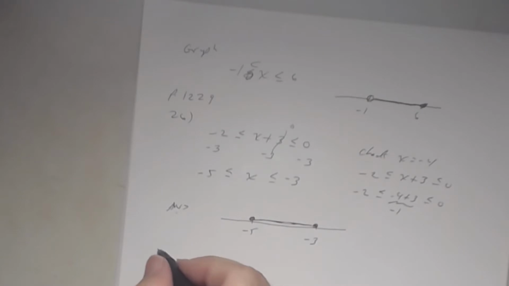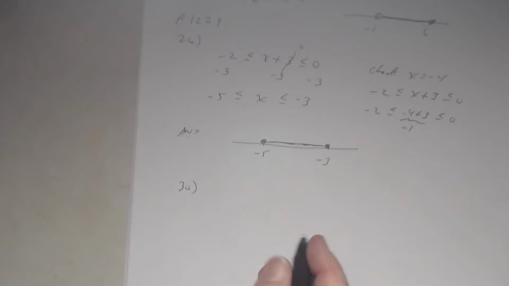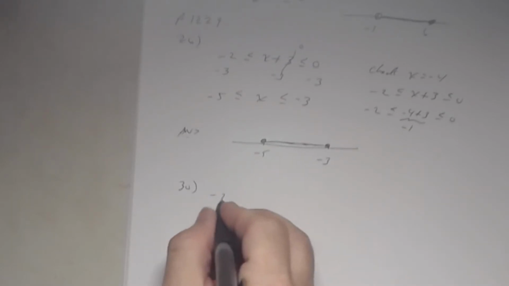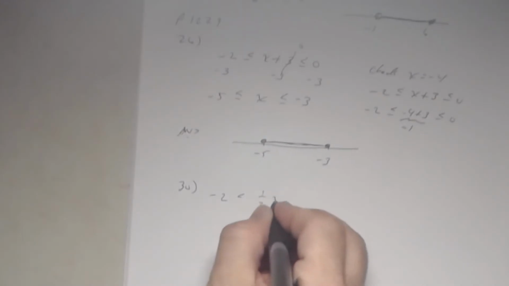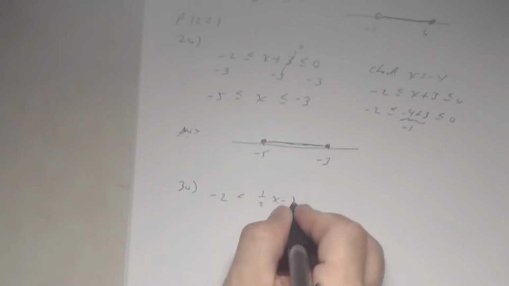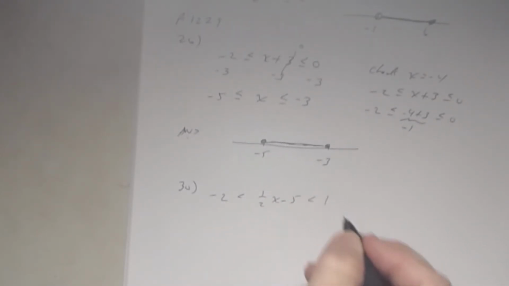All right. Then we started looking at something like this. This is number 30. So number 30, you have negative 2 is less than 1/2 x minus 5 is less than 1. All right.